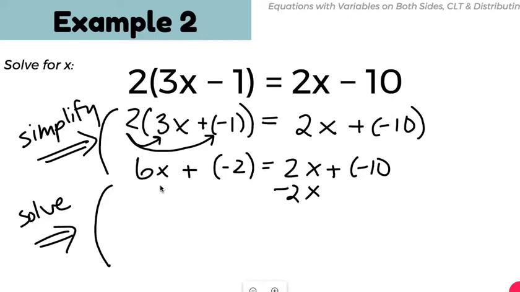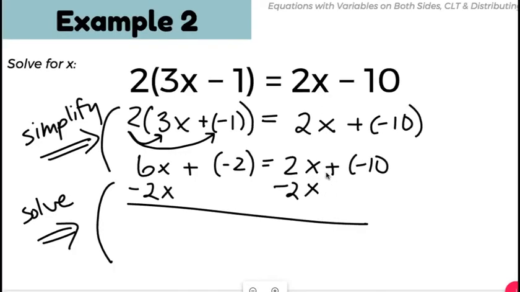I'm going to add negative 2x to each side. Again, you know I like to remove a variable first. And I like to eliminate the coefficient that's smaller. So that's why we had negative 2x on both sides.